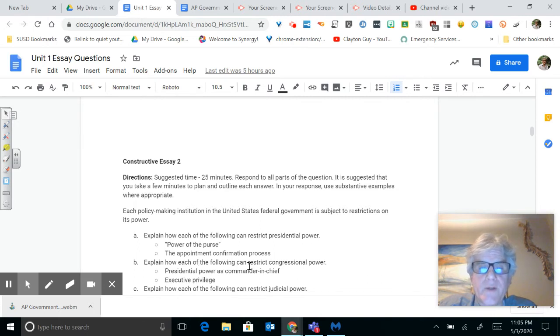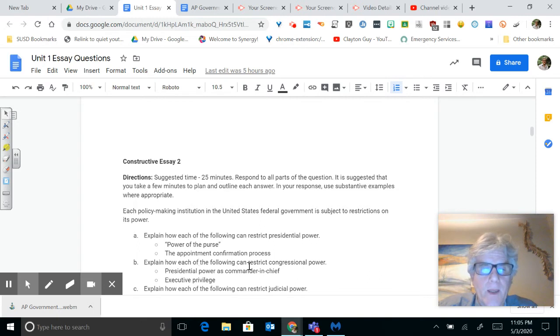So the confirmation process can limit the power. Typically it happens when the Senate and the president are of different political parties. If the president is a Republican and the Senate is Democrat, they may not approve the justices or appointments of the president unless they are, say, middle of the road or not so extreme.